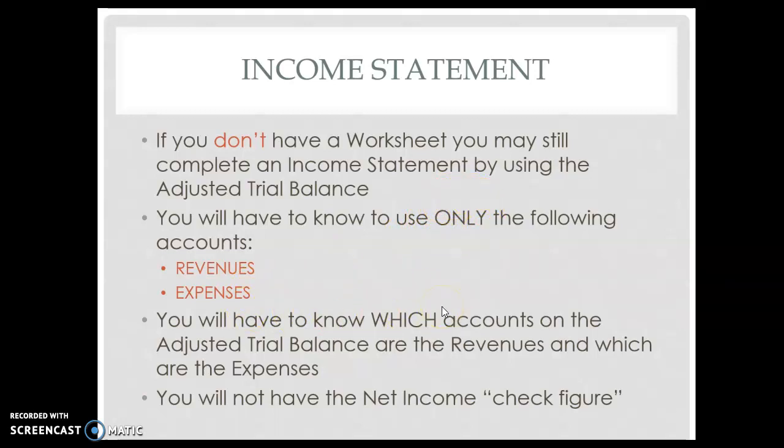Don't be adding in assets and things like that. The worksheet is nice because you've already figured out which accounts go where, but if you don't have the worksheet, you can still figure out an income statement straight from the adjusted trial balance. You just won't have a net income check figure either.